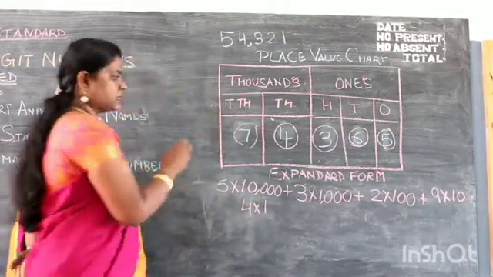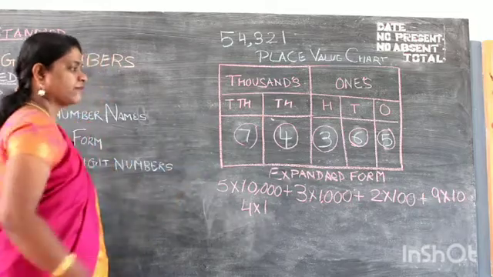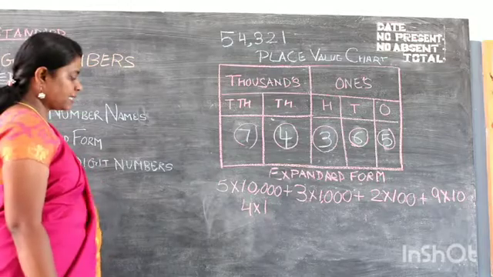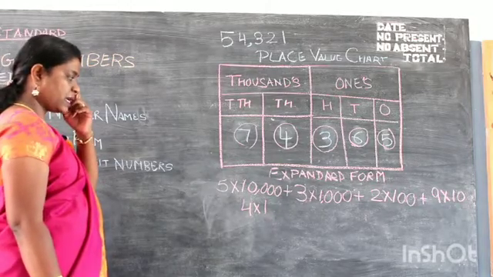Okay, this is the expanded form I have given to you. Now you look at it carefully, and then I'll tell you how you're going to write it as a standard form.